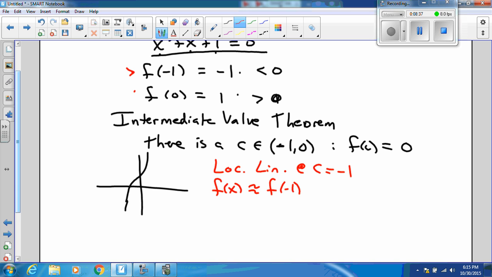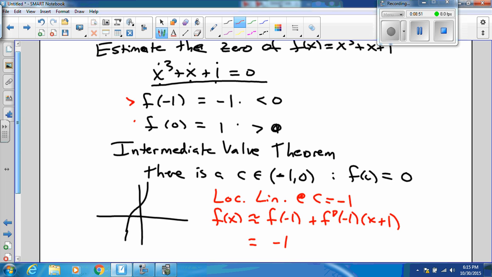First of all, we construct the local linearization. F of x is approximately equal to f of -1 plus f prime of -1 times x minus -1, which is equal to, we already found -1 for f of -1. I need an expression for f prime, and here it is.